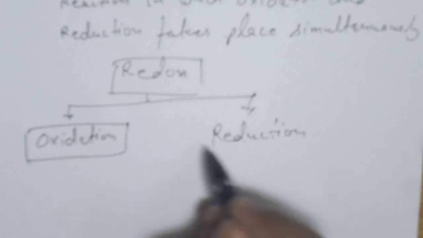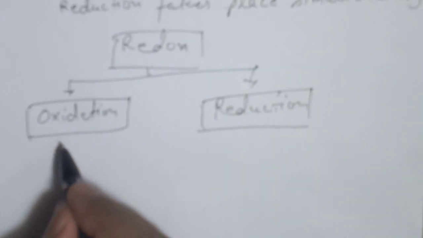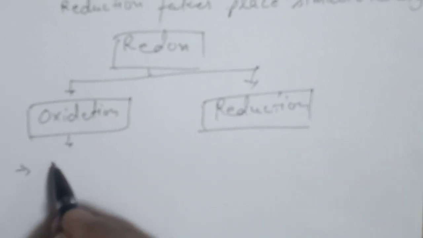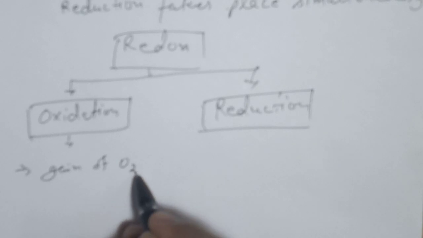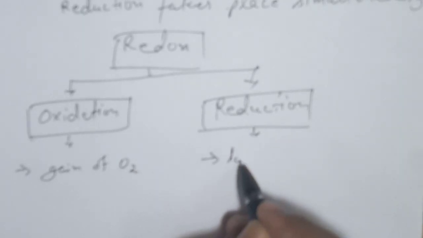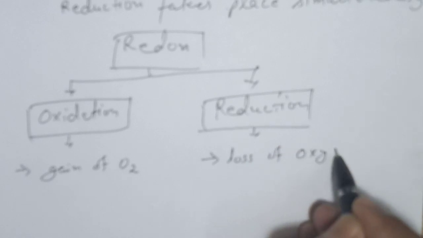Now the question is, what is oxidation? Oxidation is gain of oxygen. Reduction is loss of oxygen.